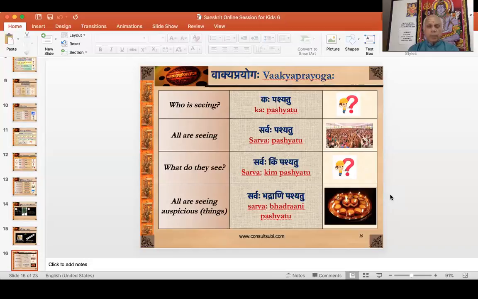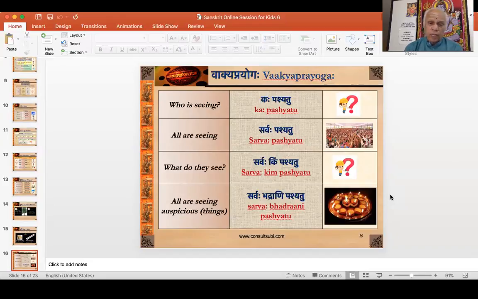If it is only one person, you say Ramaha pashyati. Aham pashyami. Ramaha pashyati. If everybody is seeing, sarvaha pashyatu, plural. What do they see? Sarvaha kim pashyatu. Kim means what? Sarvaha kim pashyatu. What do all the people see?